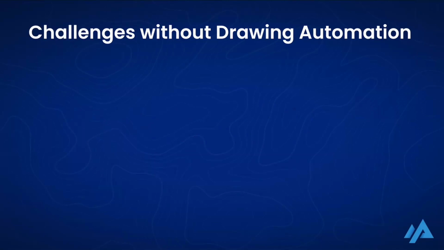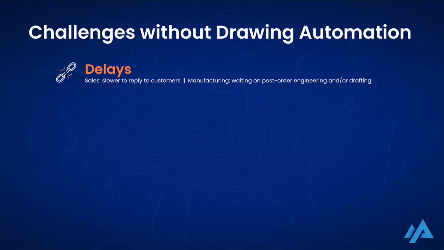The first is delays. And that's related to sales, not being able to respond to your customer fast enough. With respect to manufacturing, now you have fabrication, assembly, production waiting on post-order engineering or drafting to produce some drawing packet or some definition of what the work or the task is going to be.